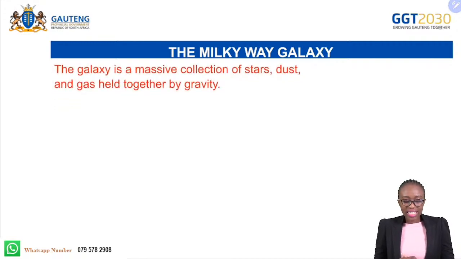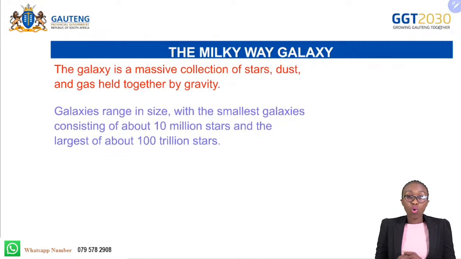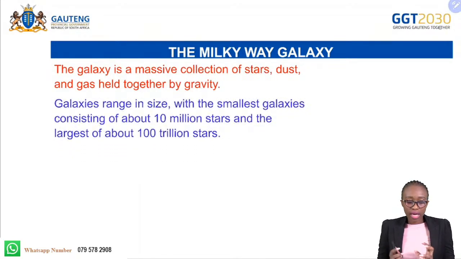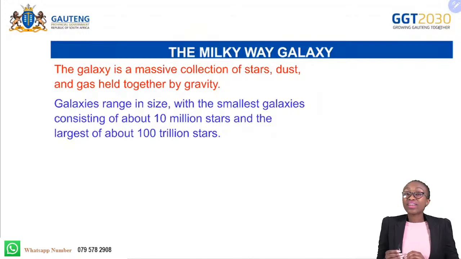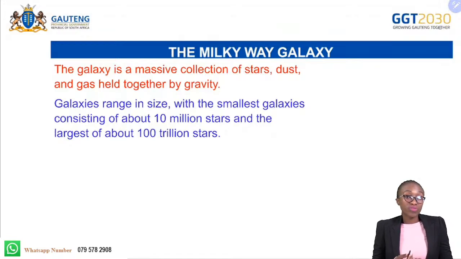The galaxy is a massive collection of stars, dust, and gas. All of them are held together in space by gravity. And galaxies range in size. Remember, we've already learned that galaxies have different shapes.